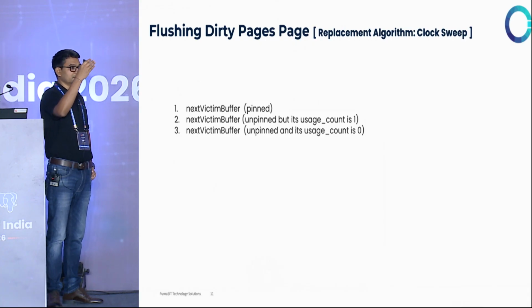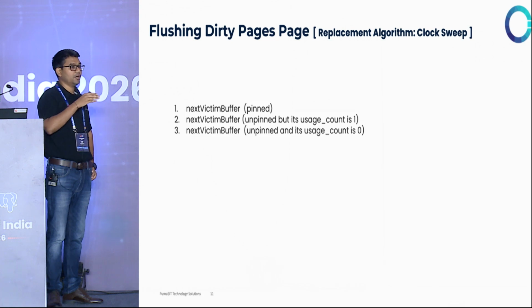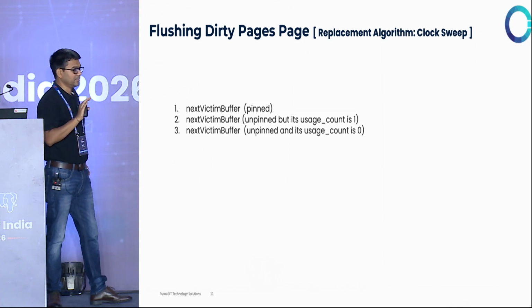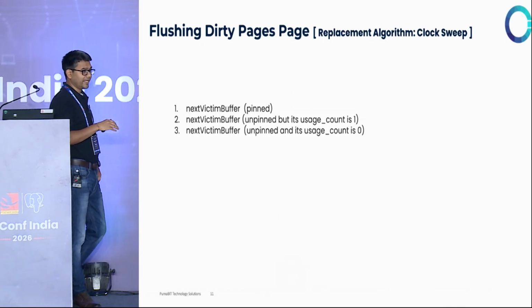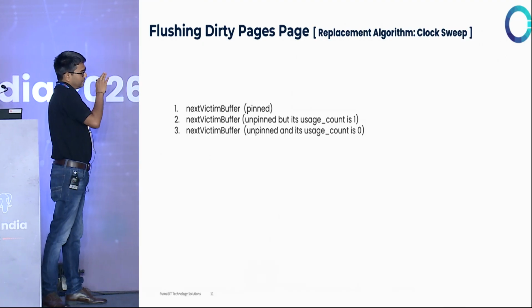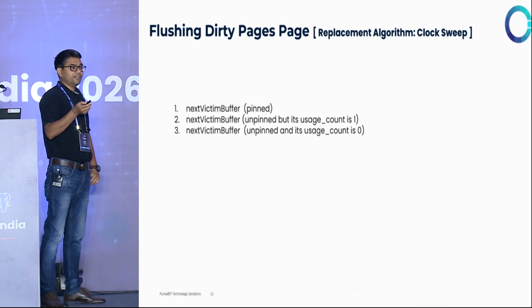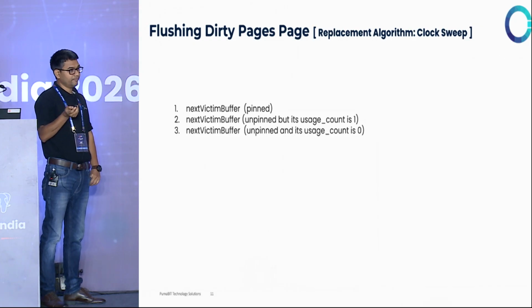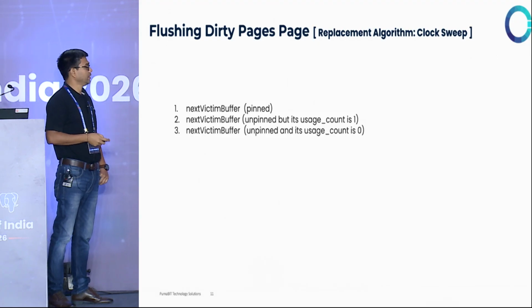Or let's say one page has usage count 3 and the other page has usage count 1. So the page with the lower usage count will be evicted immediately, flushed as a dirty page, because very few processes use that. So depending on these 3 factors, the page will be evicted from my memory, and the slot will be available for new data.